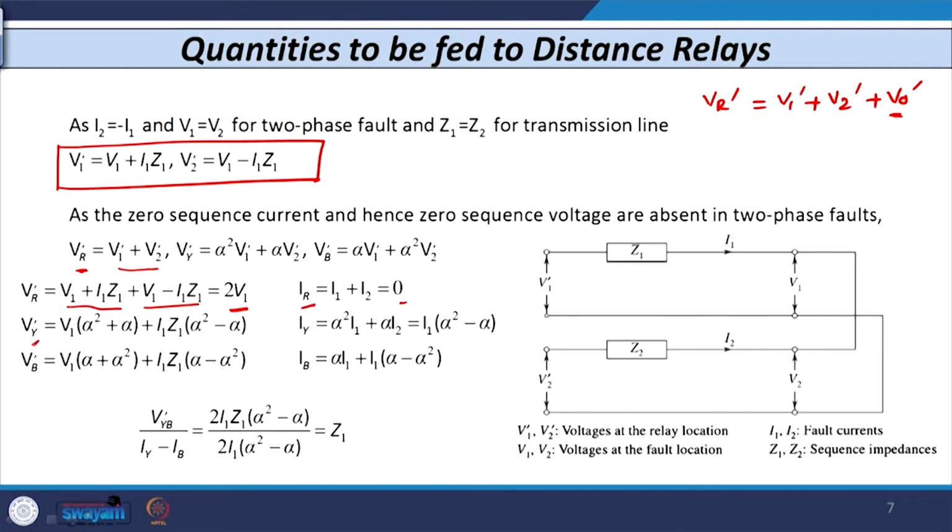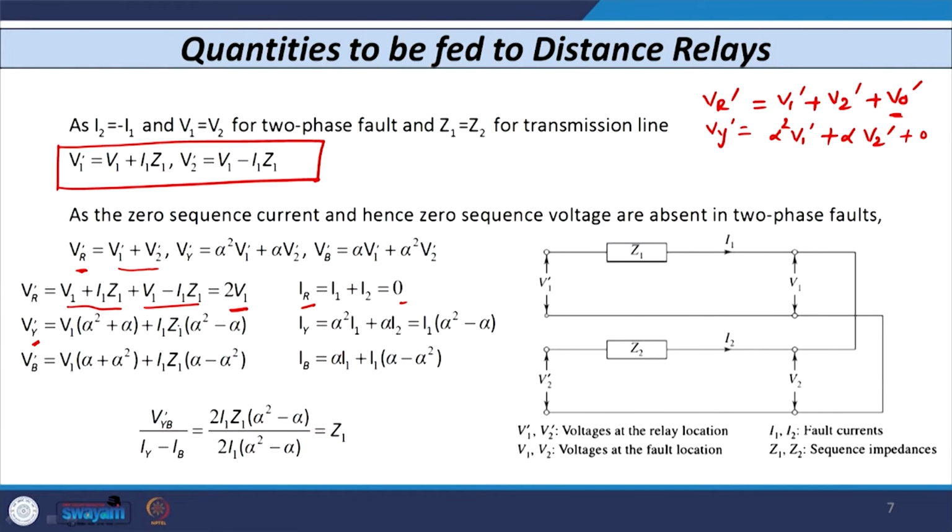In the same way for Y phase, if I consider, then Vy dash is equal to what? Vy dash is equal to alpha square V1 dash plus alpha V2 dash plus V0 dash, which is 0. So, we have Vy dash equal to alpha square V1 dash, where V1 dash is V1 plus I1 Z1.